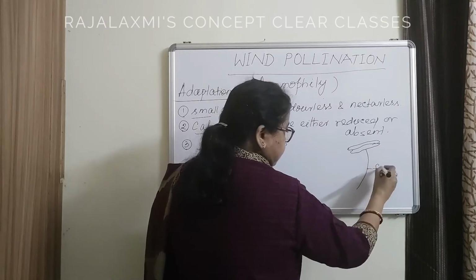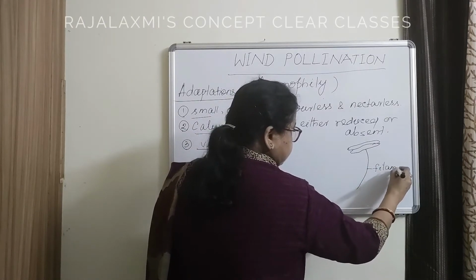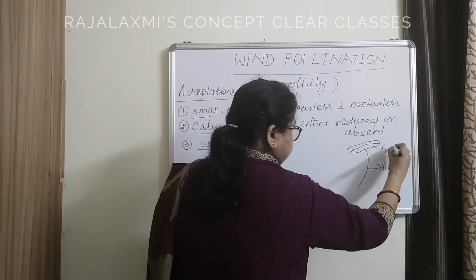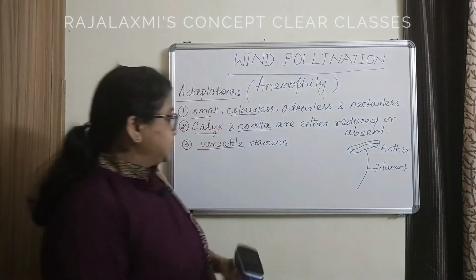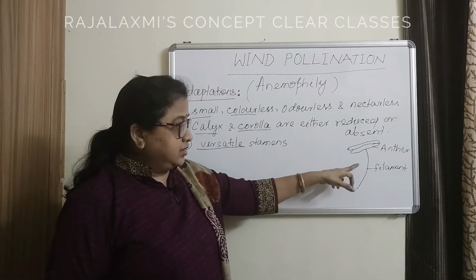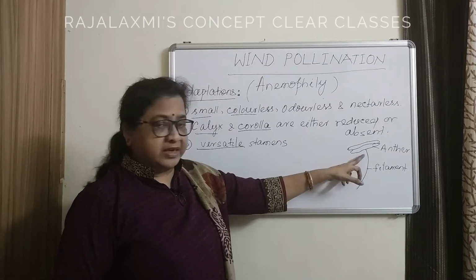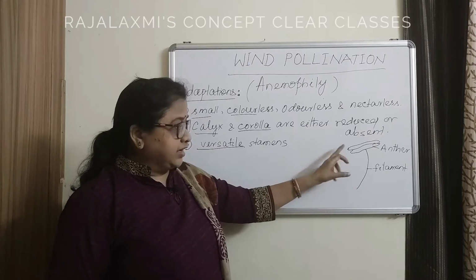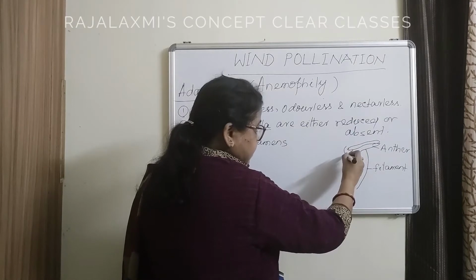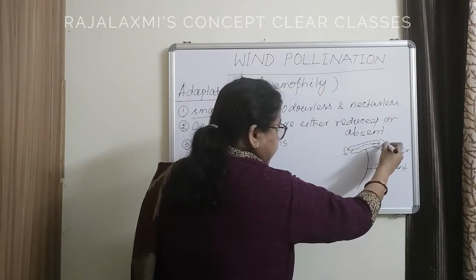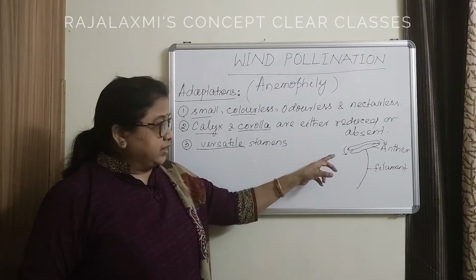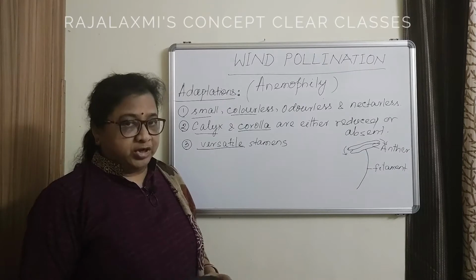Suppose this is the filament and this is the anther. So, in a versatile stamen, the anthers are very long and attached to the filament by a point, so that it can swing freely in the air. So, it is an adaptation for wind pollination.